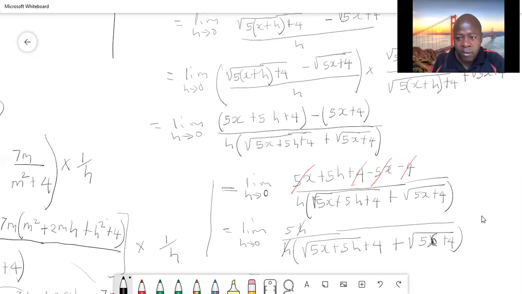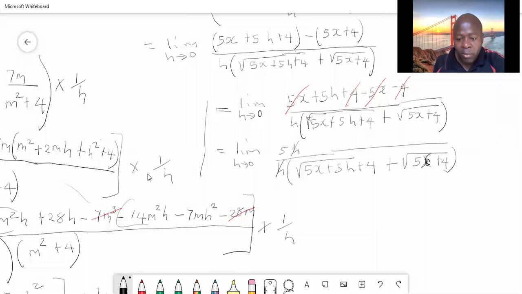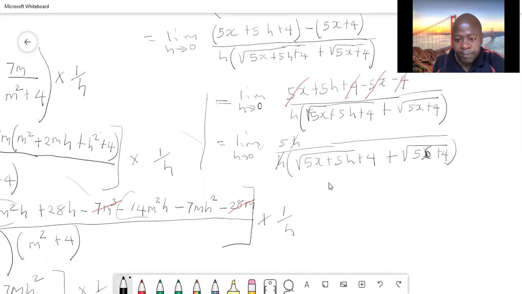Now we are out of the danger of division by 0, so we can now plug in 0. Let's plug in 0. Our numerator will have 5, and in our denominator, this 5h goes to 0.